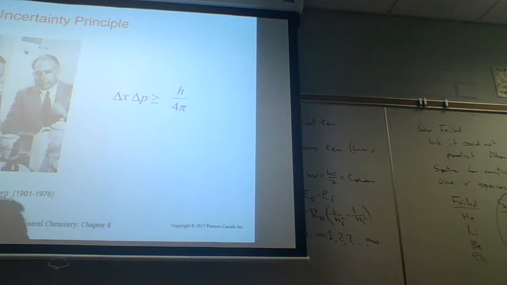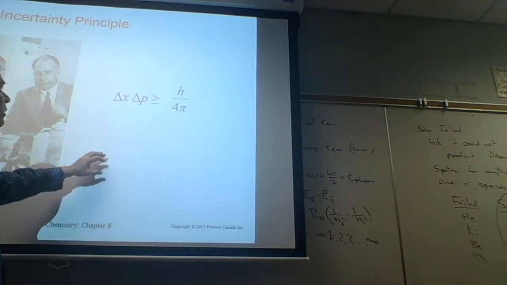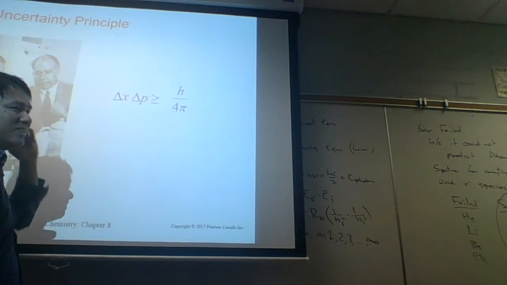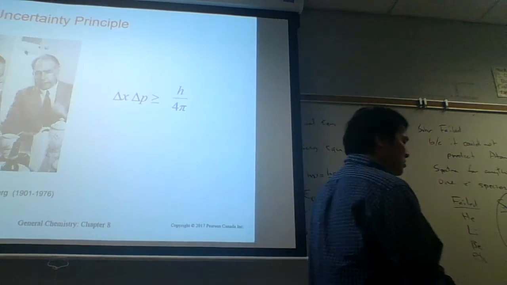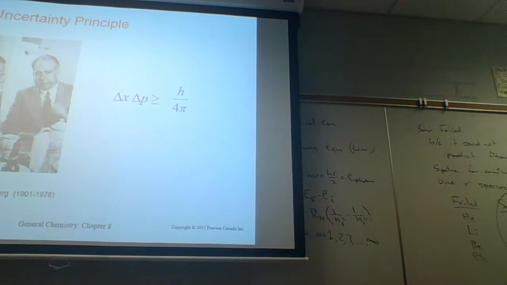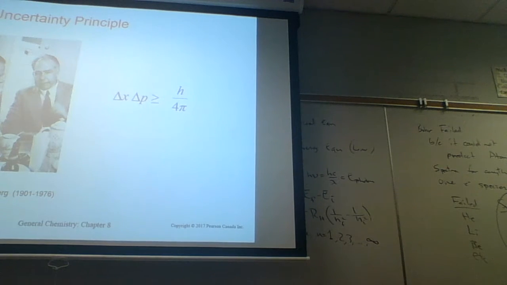But it has implications for the electron in particular. So we add the Heisenberg uncertainty principle, that is, uncertainty in position and uncertainty in energy has to be greater than or equal to some constant.